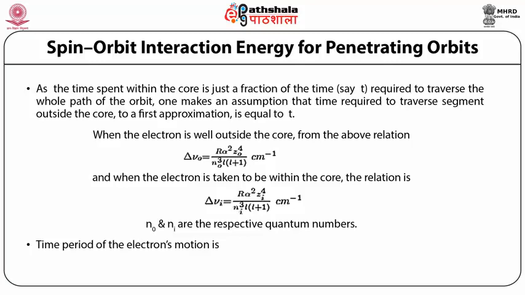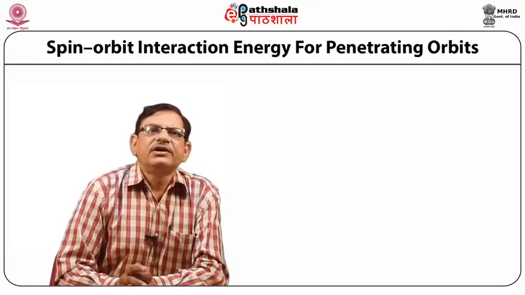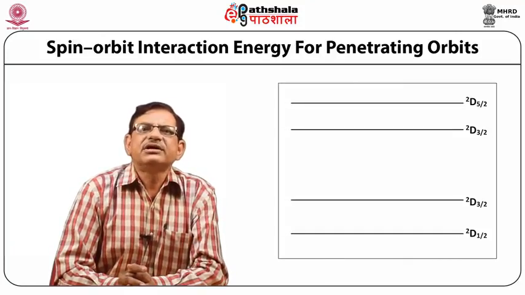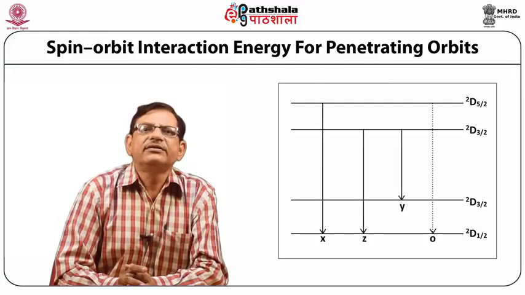Now, time period of the electron's motion is t is equal to n cube h cube divided by 4 pi square me 4 z square. Time required traversing when the orbit is outside and when the orbit is within the core.